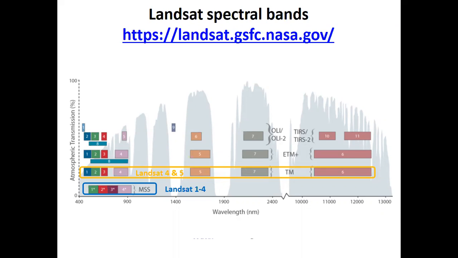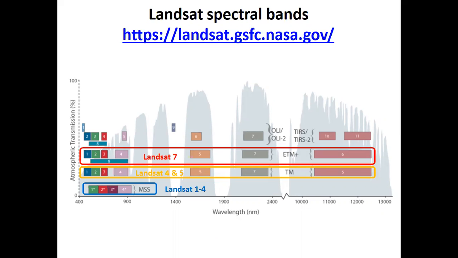So we could see some infrared light which is not visible, neither by eyes nor by detectors in the previous Landsat satellites. This is Landsat 7, which is still operational on orbit. And these are the spectral bands for Landsat 8 and 9.